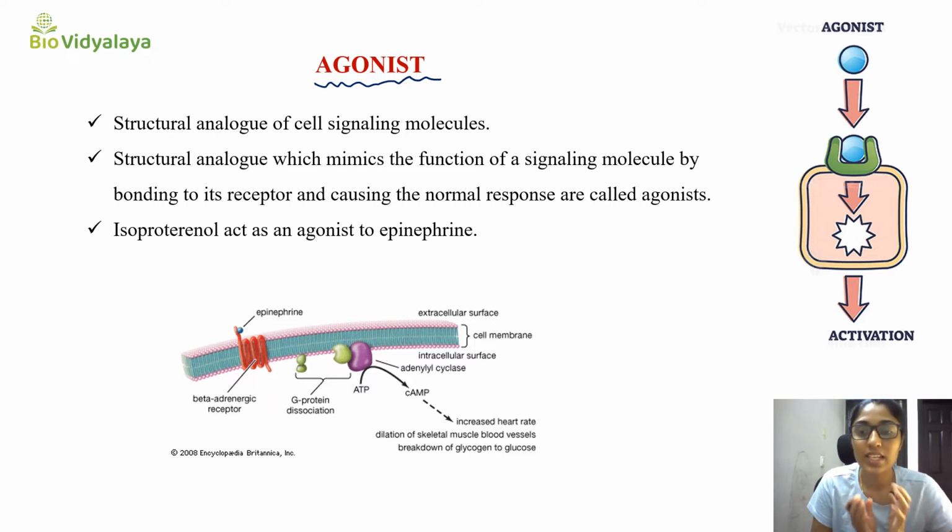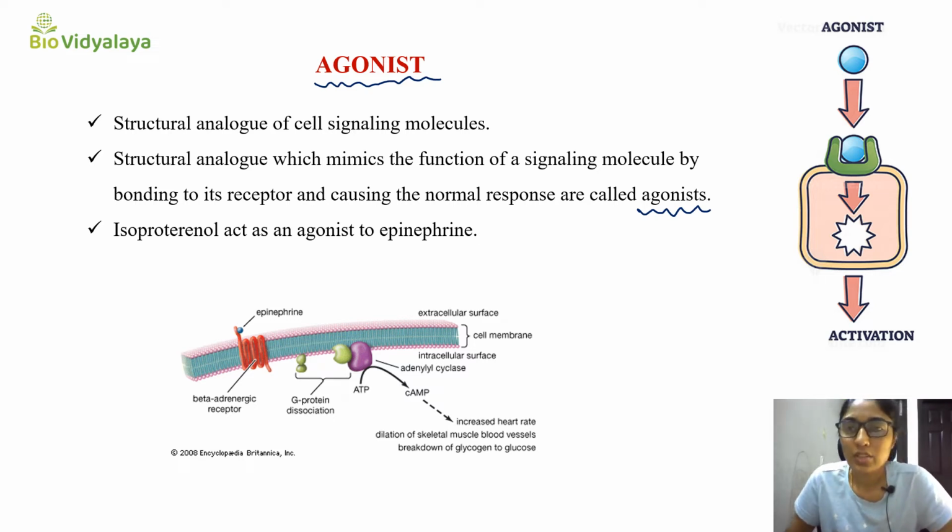A structural analog which mimics the function of a signaling molecule by binding to its receptor and causing the normal response is called an agonist. They bind to the receptor and cause the normal response.